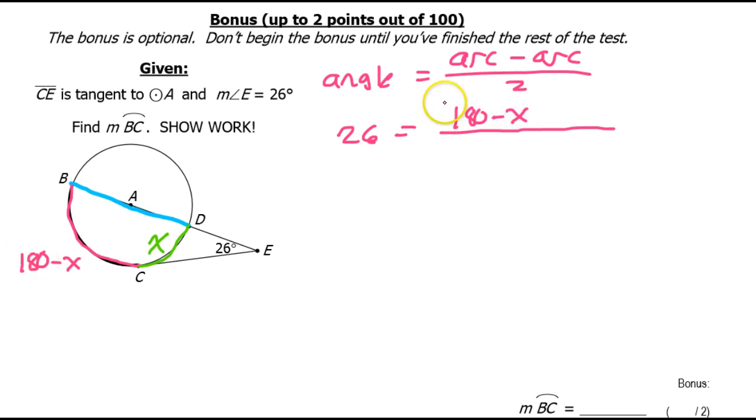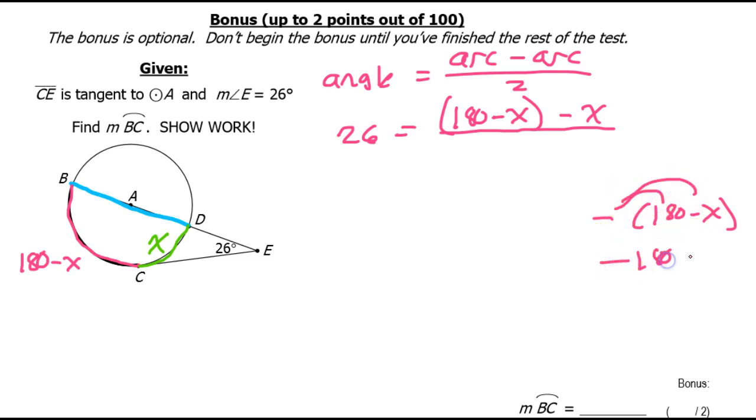Okay, maybe I'll put parentheses around it to make it obvious that that's the first arc. Now minus the small arc, which by the way, is the reason why I picked the small arc to be called X, because if I did it the other way around, then right now I'd have minus 180 minus X. And I'd have to remember to do the distributive property, and I'd have to do minus 180 plus X. And a lot of students forget to do that.